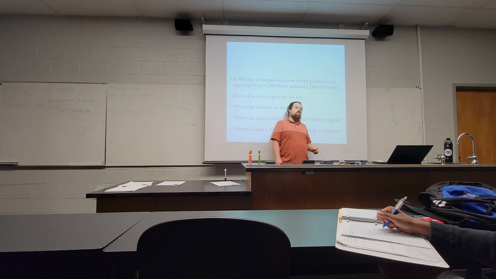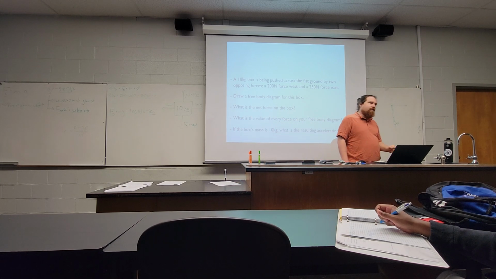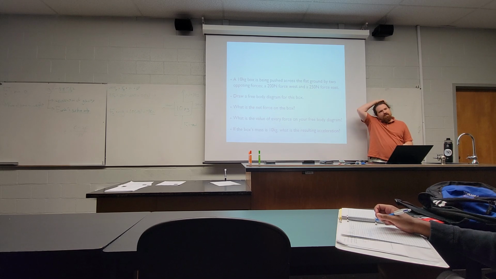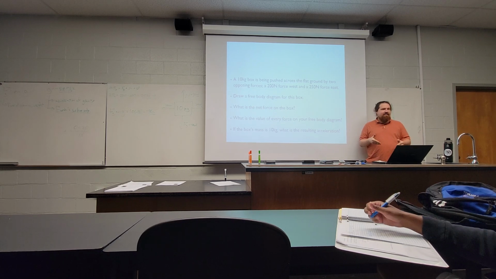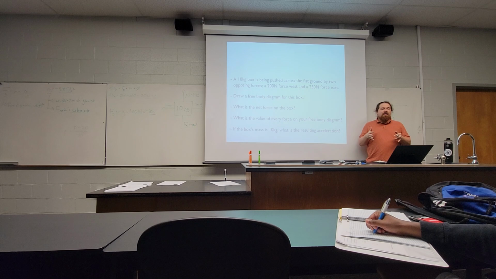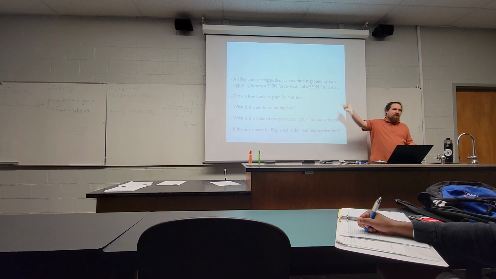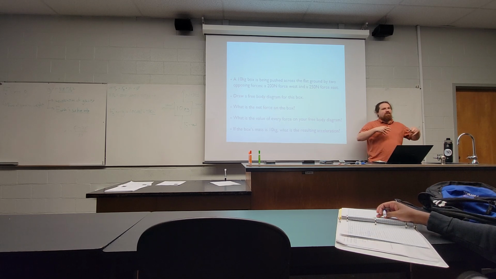Yes? Would you have to put the negative if it's already coming down? I like to try to be as consistent as possible because you're correct. The arrow does technically take care of the negative, but I find that when I'm doing work on the board, if I just write 98 and then later on if I take that number and put it into a formula and I have to then make it negative, that sometimes trips a few of my students up when I have to explain that extra step.